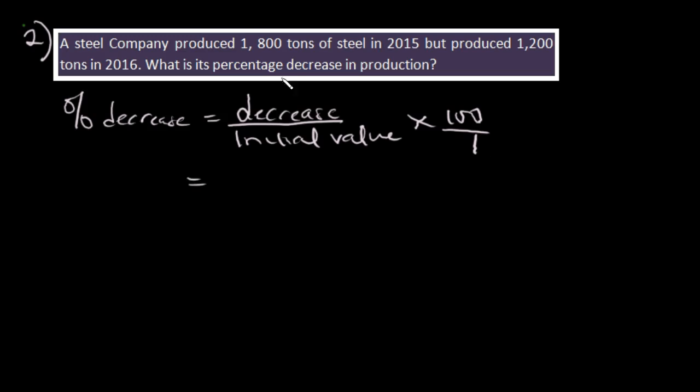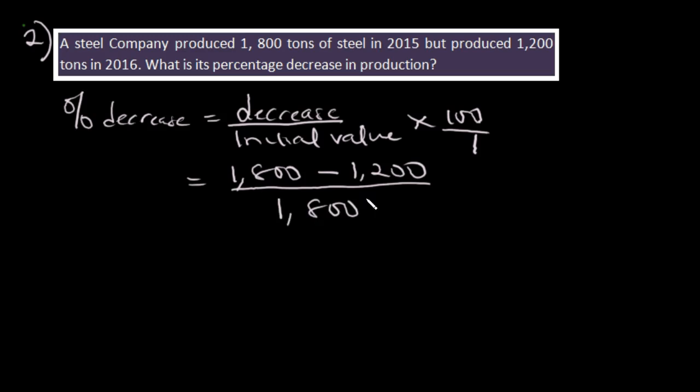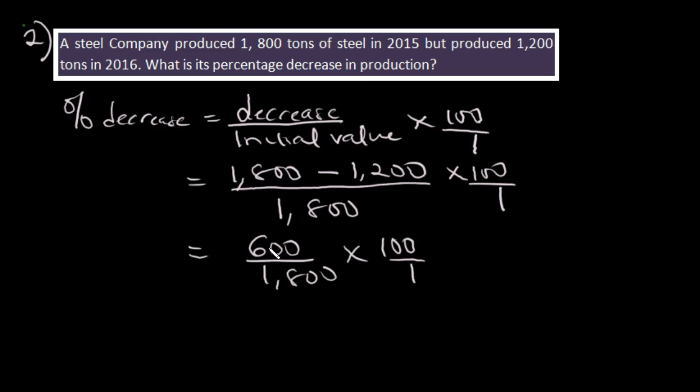So our decrease is our initial value, 1,008, minus our new value, 1,002, all over the initial value, which is 1,008, multiplied by 100 over 1. So this becomes 18 minus 12, which will be 6,000... we have 1,800, multiplied by 100 over 1. 2 zeros cancel 2 zeros. 6 goes in 6, 1 place. 6 goes in 18, 3 places.